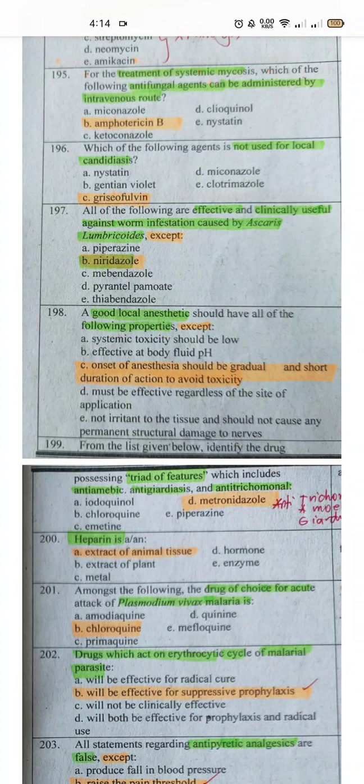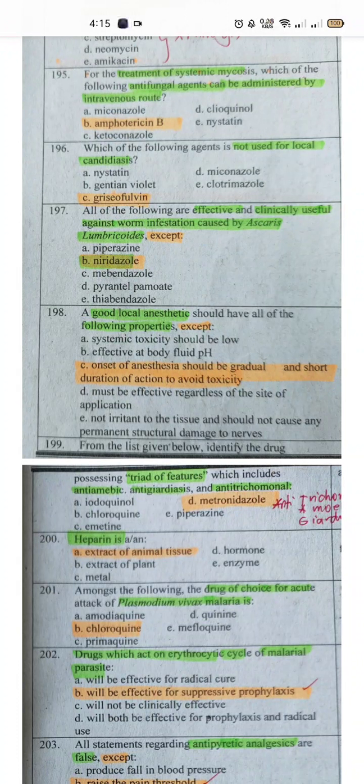197. All of the following are effective and clinically useful against worm infestation caused by Ascaris lumbricoides except niridazole. Piperazine, pyrantel pamoate, mebendazole, and thiabendazole are effective against worm infestation caused by Ascaris lumbricoides.